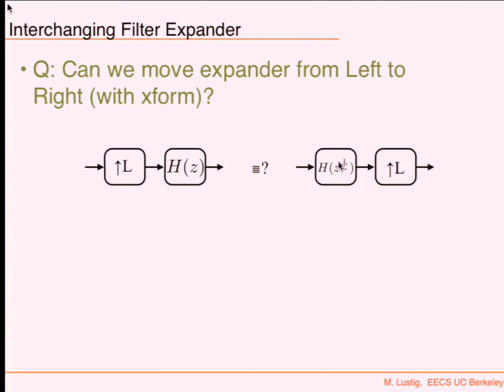So divide by L instead of multiply by L in the exponent. Okay? Instead of multiplying by L, I divide it because it's the opposite. Instead of going that way, then that way. So can I do that? Can I?